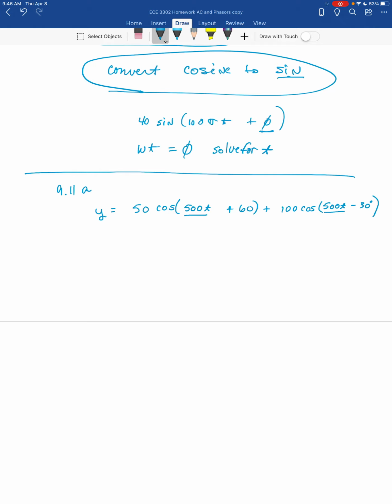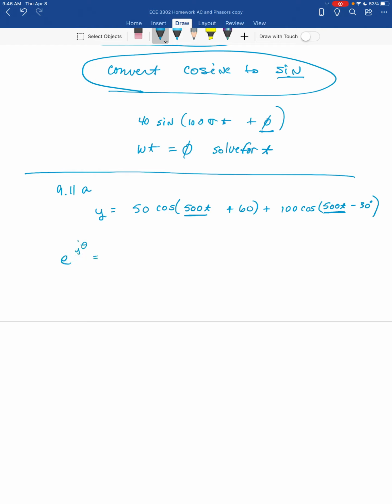So what we need to look at is, first of all, in this chapter and in Circuits 1, we're always dealing with single frequency signals, and we always want to deal in the cosine domain. We've got this expression, and it's trigonometric, but notice the frequency omega is 500 radians per second in both of these. Because it's a single frequency, we can use a conversion into the phasor domain.